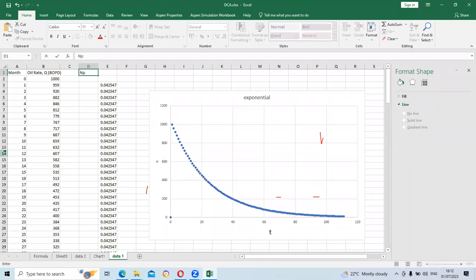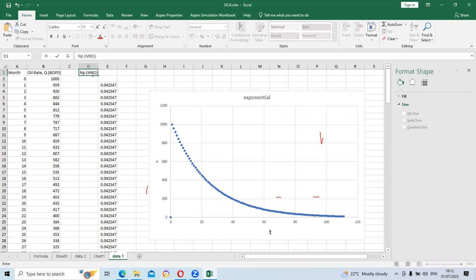So we have NP, the cumulative production. The cumulative production, we are going to give it in thousands of barrels. Remember, in petroleum engineering, they use M for thousand, double M for million. So you see units like million standard cubic feet, MMSCF.